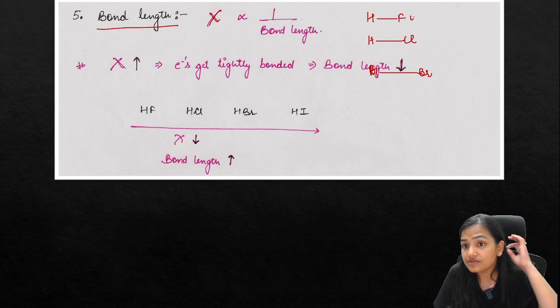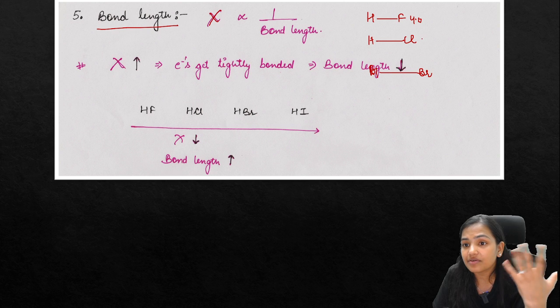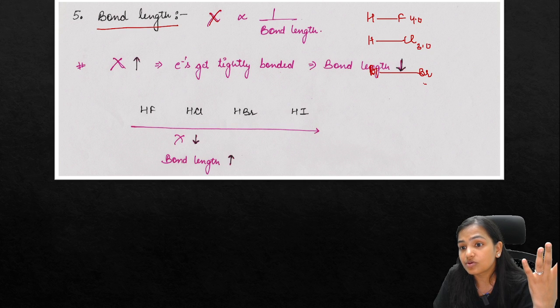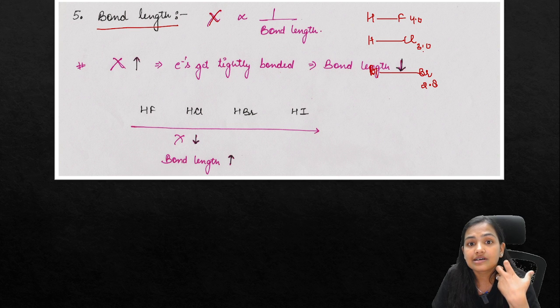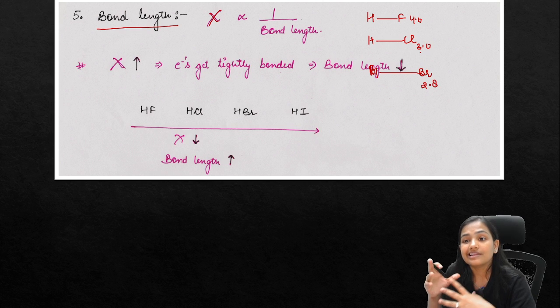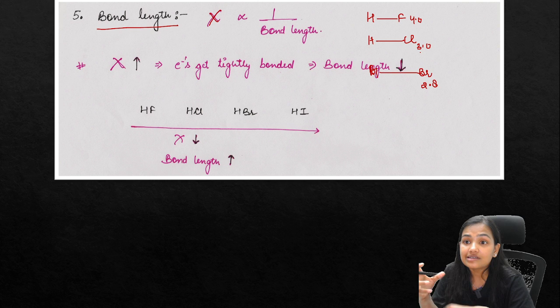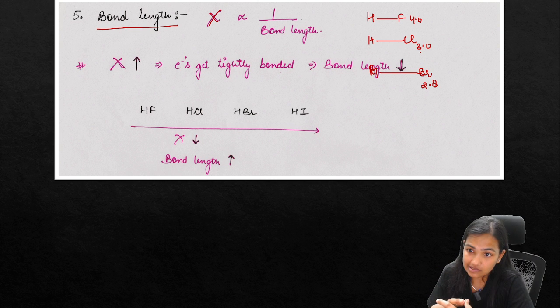So fluorine is 4.0, hydrogen has the same electronegativity values, chlorine is 3.0, then bromine is 2.8. So here, as the electronegativity increases, the bond length decreases.